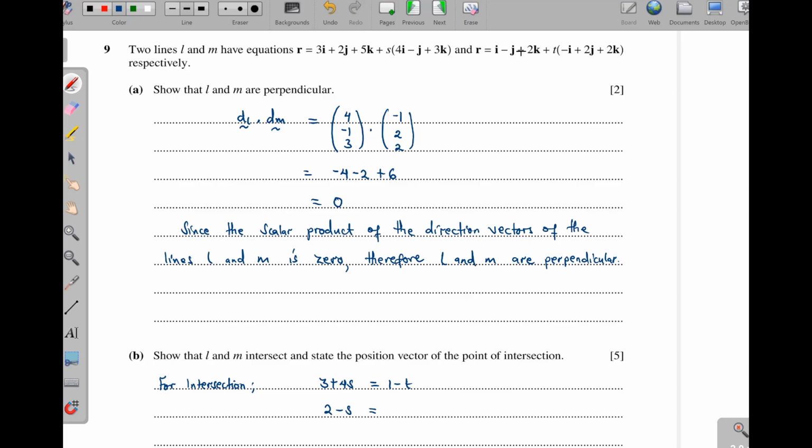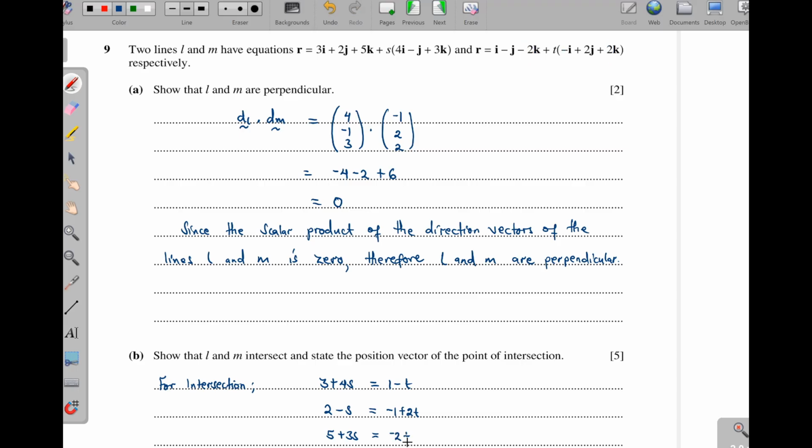Then this one will be equal to, the y coordinate here is negative 1 plus 2t. And then the last one will be 5 plus 3s, which is going to be equal to negative 2 plus 2t.